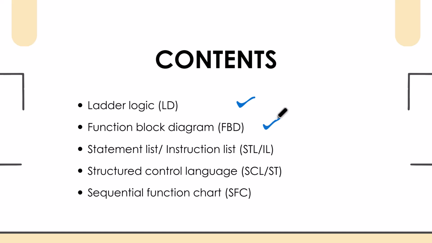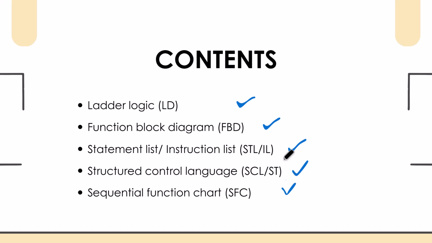Ladder logic, function block diagrams, statement list, also called an instruction list, structured control language, which we can also call structured text, and SFC, that is a Sequential Function Chart.